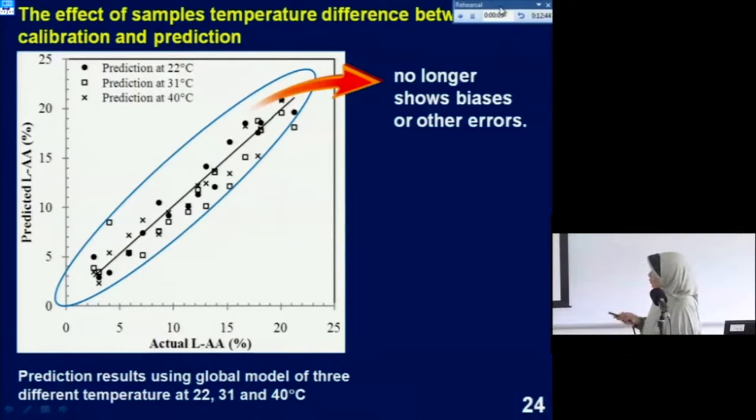This figure clearly illustrates that using the global calibration model, we can compensate for the influence of temperature variation with low bias. So, using the global calibration model, no bias was observed anymore.